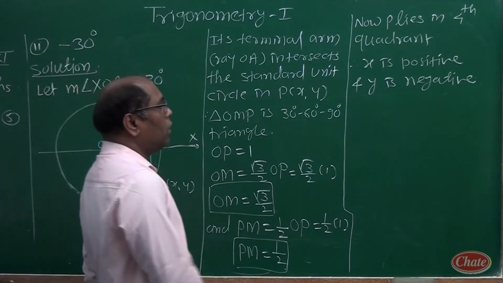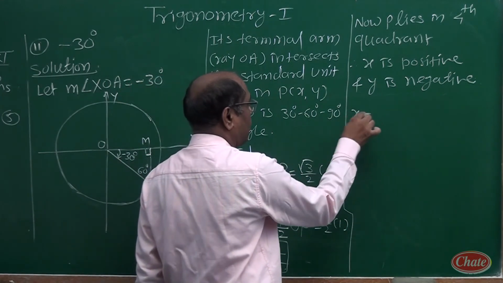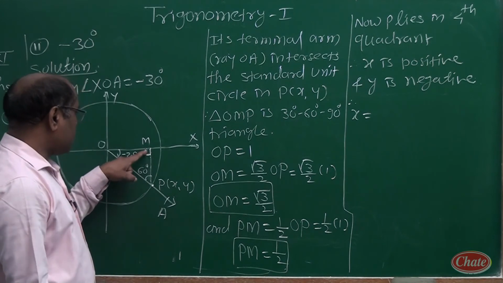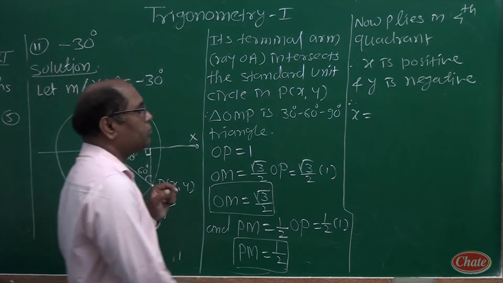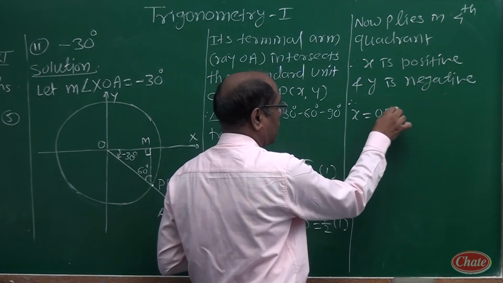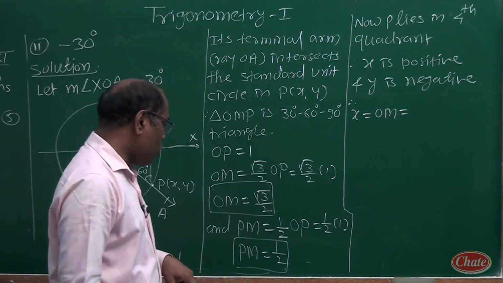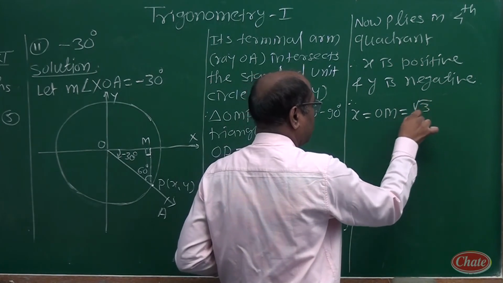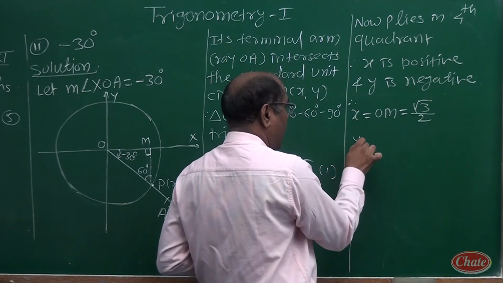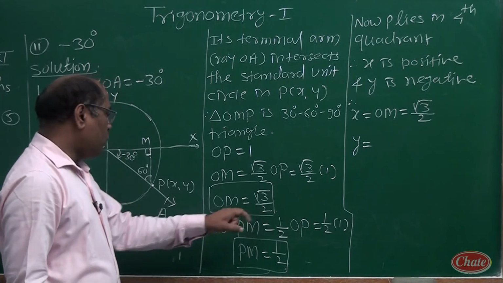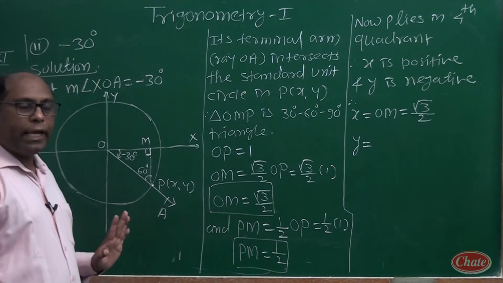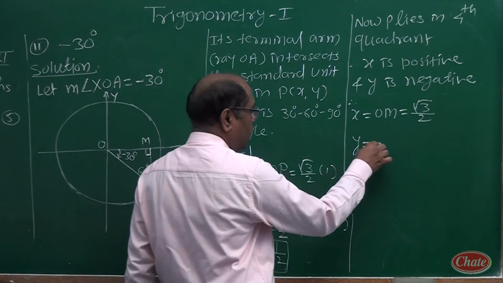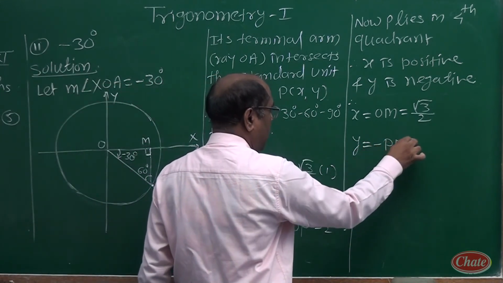Okay, now here X is equal to OM, and what is OM? Root 3 by 2. And Y, in the fourth quadrant Y is negative, so Y is equal to minus PM.